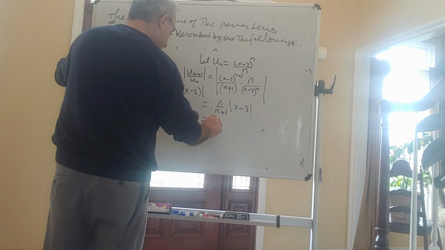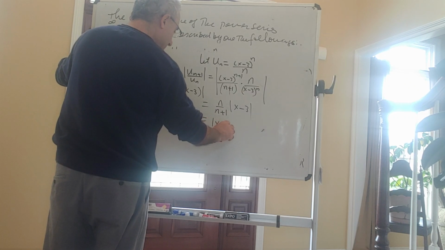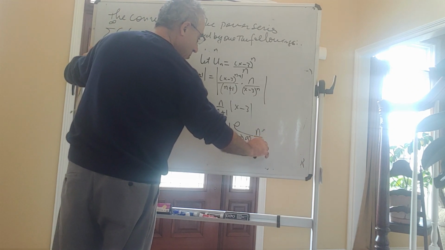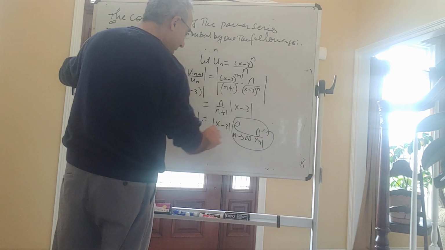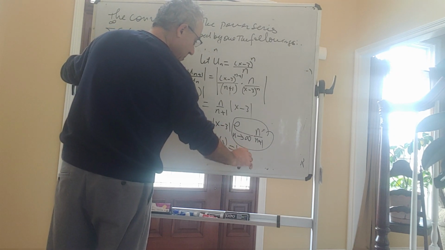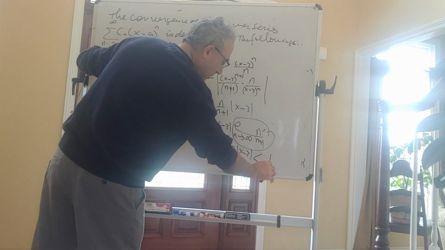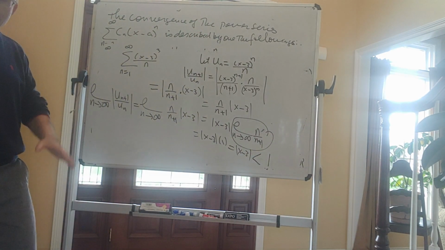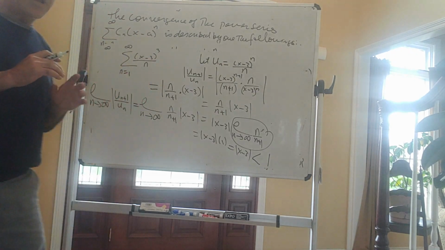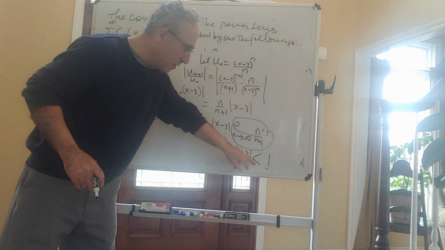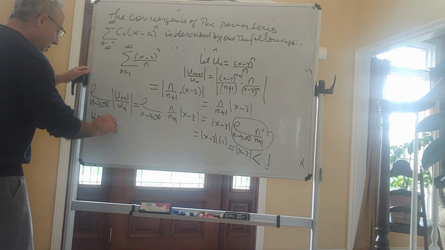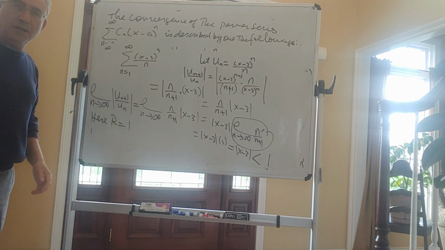So this is going to be |x minus 3| times the limit of n over n+1, and we know that limit is 1. So this is |x minus 3|, and we want this to be less than 1. Remember, the ratio test tells you the ratio at infinity in absolute value has to be less than 1. So we have to force it to be less than 1. Okay, so here R is 1.